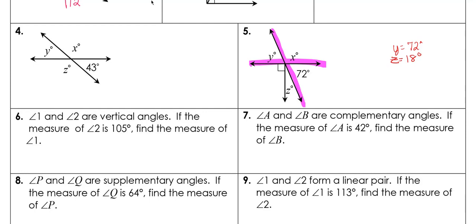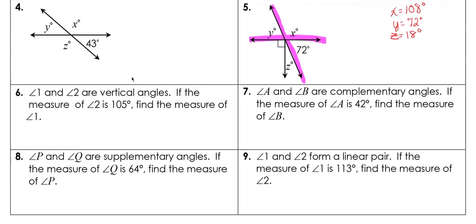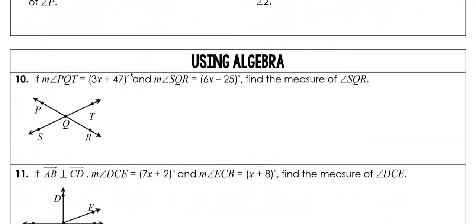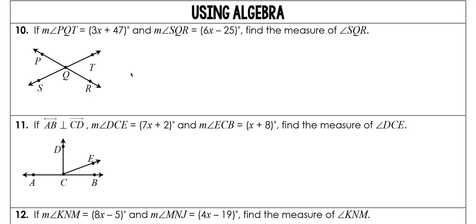So 90 plus 18 is 108 degrees. Okay, so hopefully you can see how we broke that down. So try 6 through 9 on your own and then check the key.